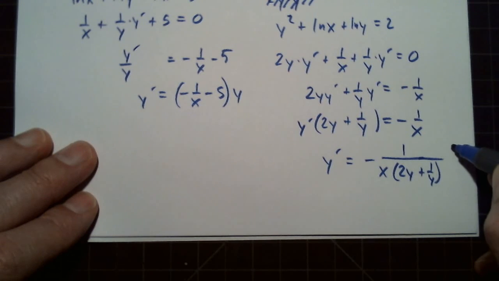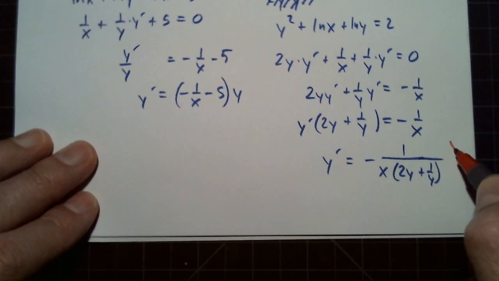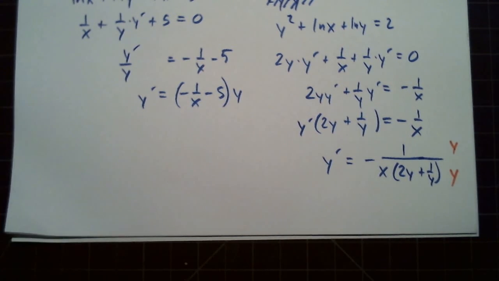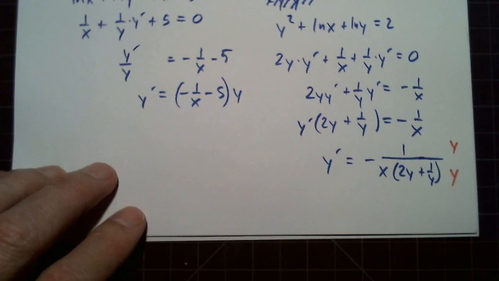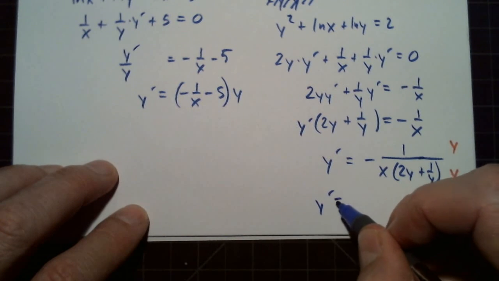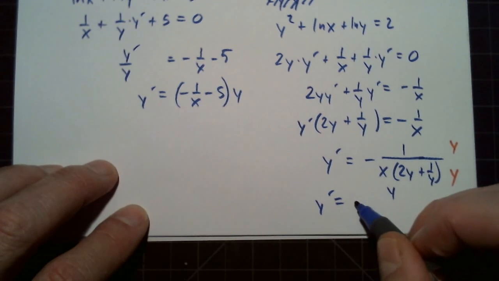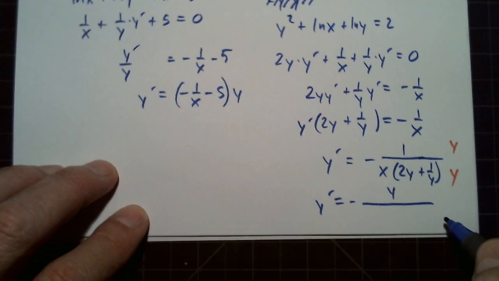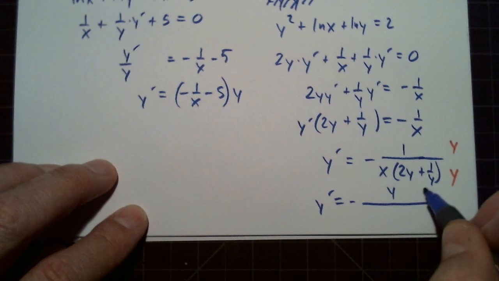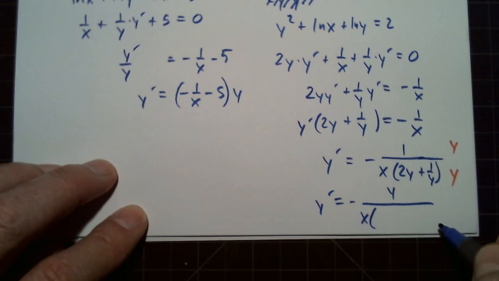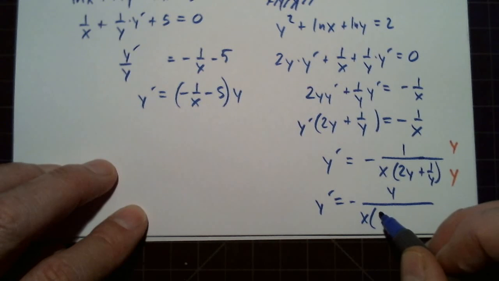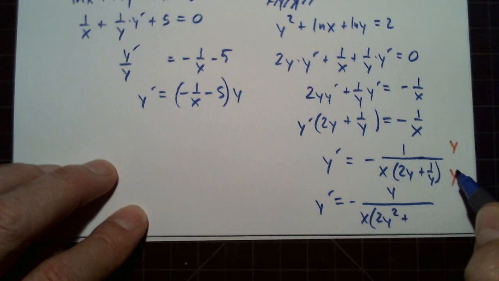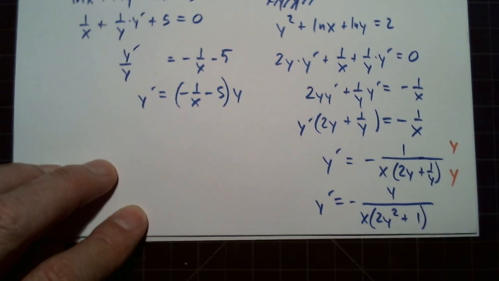So we can just multiply numerator and denominator by y. So we'll have y in the numerator, and we'll just distribute this to both of those, leave the x out there, and we have y times y, so that's 2y squared, and y times 1 over y is 1.